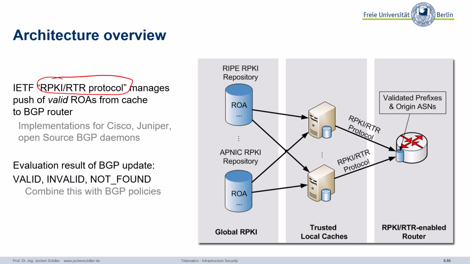You bring this on trusted local caches, and in the end, the results then on the routers. And so what you can store there are then validated prefixes and validated origin ASN. So the routers themselves, they don't have to take care about the validation itself. They simply get the result and see, okay, this is fine, this is validated. So you don't have to do this cryptographic stuff on the router.